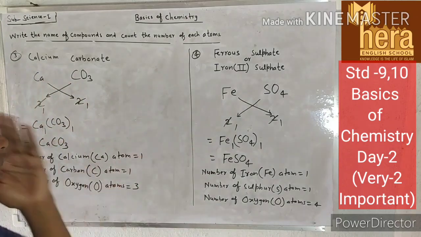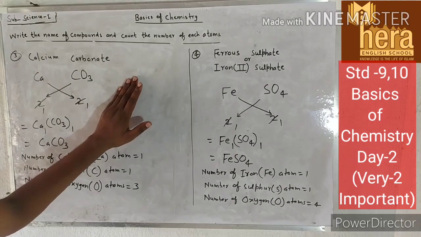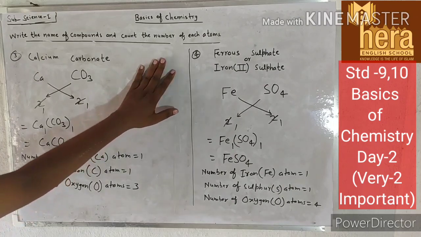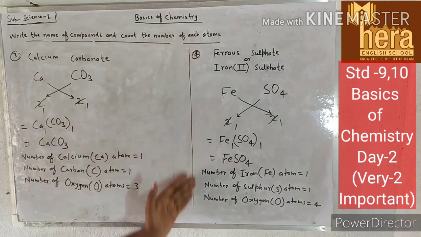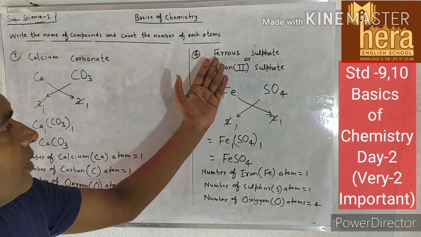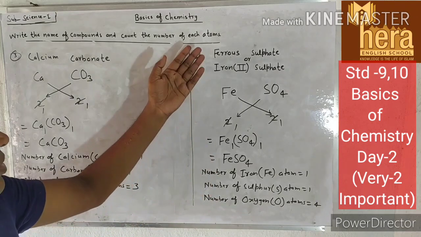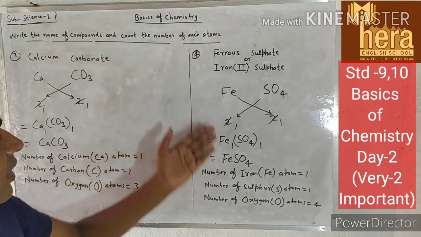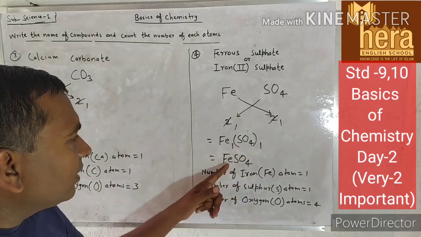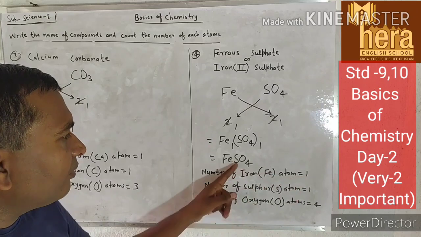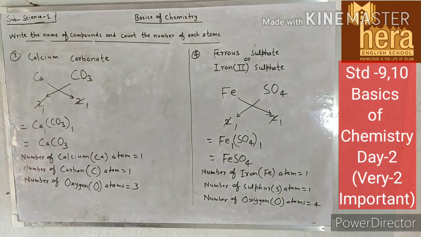Okay, so I hope you understood how to write name of the compound in chemistry. Okay, so I will give you the homework. In that homework you have to write same way. There are many examples I will give at last. So first of all, you have to write the name, then you have to count each atom. In these compounds, iron atom is equal to 1, sulfur atom is equal to 1, oxygen atoms is equal to 4. Okay. Some more examples I will take.